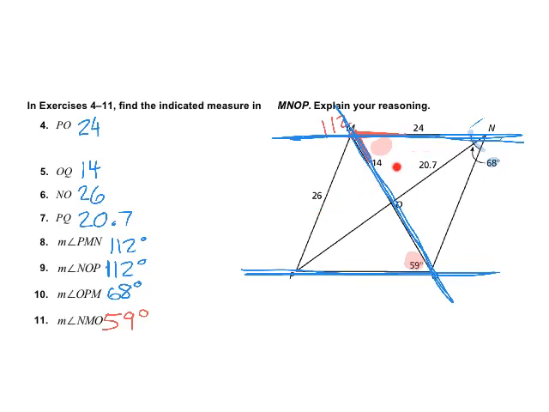And then I took 68 plus 59 and then minus 180, and I got... So you're assuming this one down here is 59, which you can't do, right? Yeah, because remember, just because this one's 59 doesn't mean this one's 59. Thank you, though. That probably cleared it up for somebody else as well.